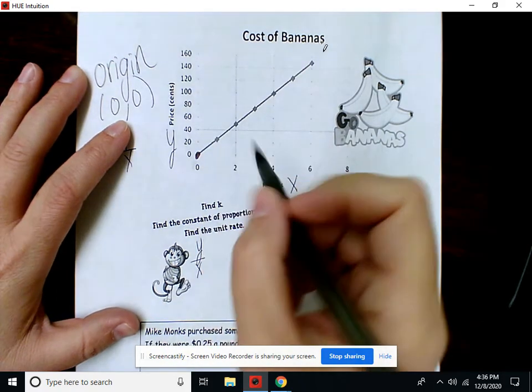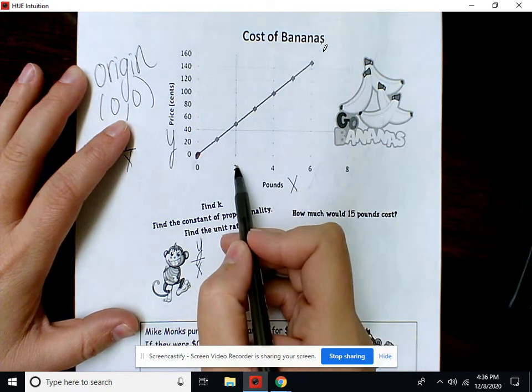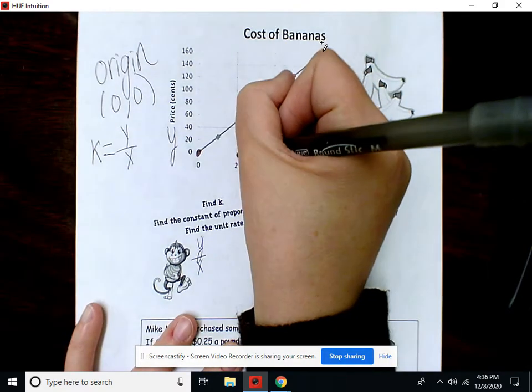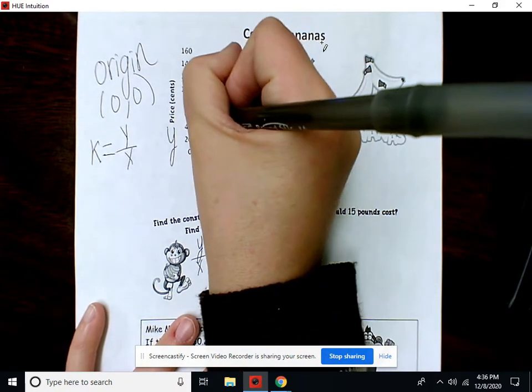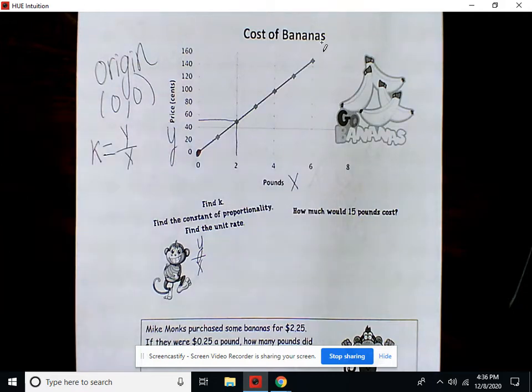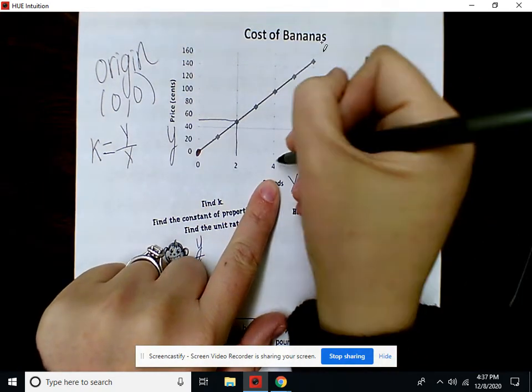So for this one, there's not a number here, so I'd rather use a number that's on there just because we can see it. So if we go up from 2 and then go over, we really don't know what number that is. We can guess and think maybe it's 50, but what if it's 52? We don't really know. So let's go to the next one, which is 4.